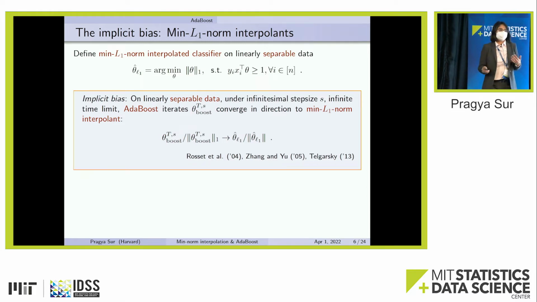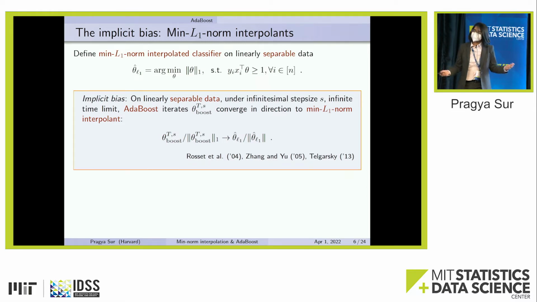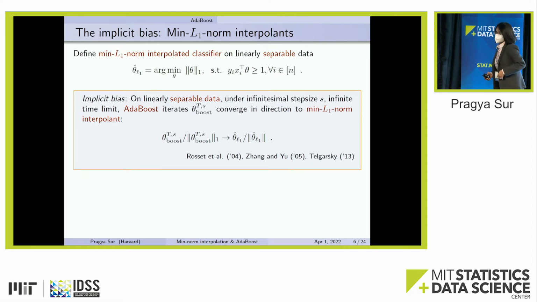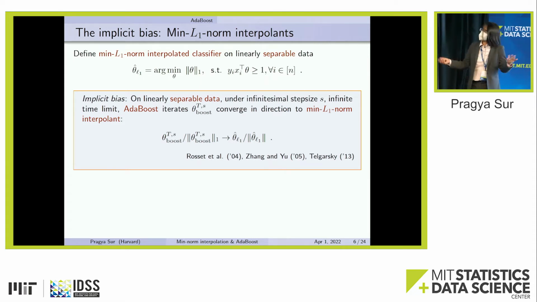If you have linearly separable data and you run AdaBoost, with certain limiting conditions, that is, you take the step size going to 0 and you take the infinite time limit, you just keep on running the algorithm with time going to infinity, then your AdaBoost iterates, normalized in L1 norm, converge in direction to one of these interpolants, one of the min L1 norm interpolants.